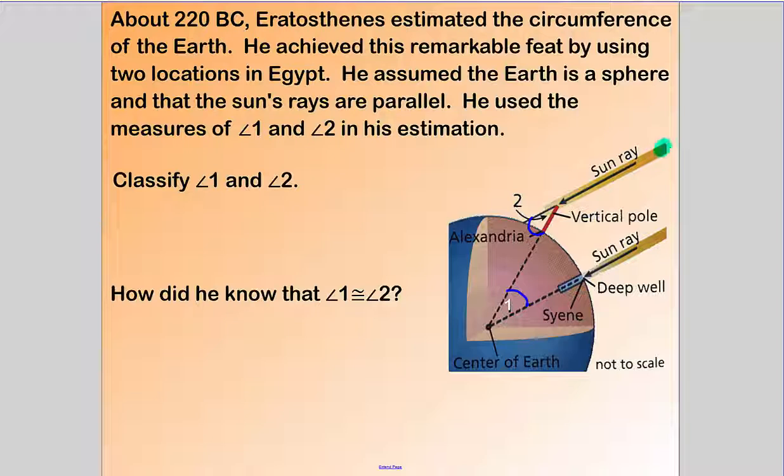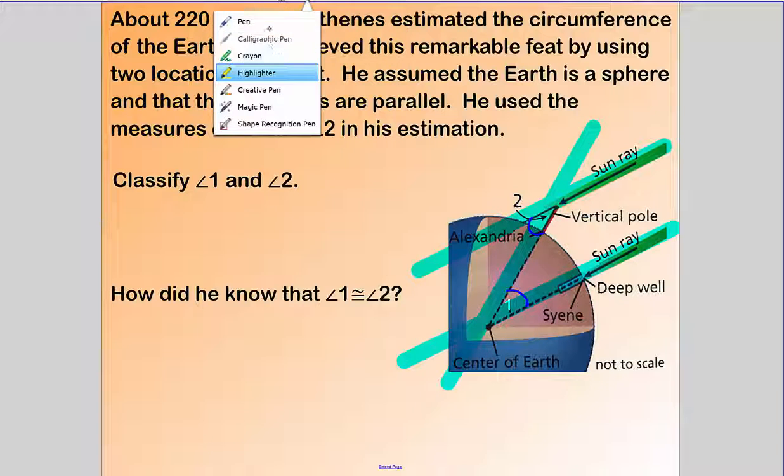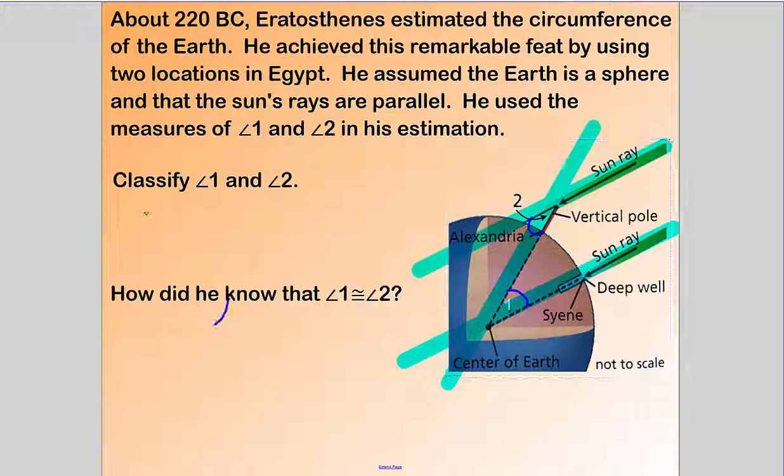We know that they would be parallel. And I'm going to look at this transversal. And I can see that those angles would be, again, alternate interior angles.